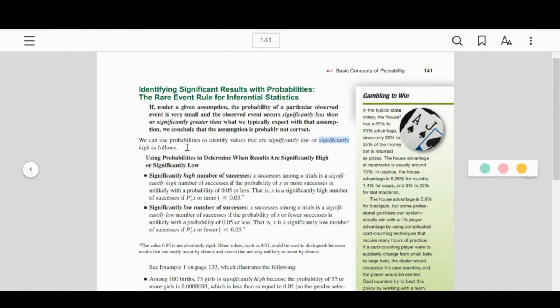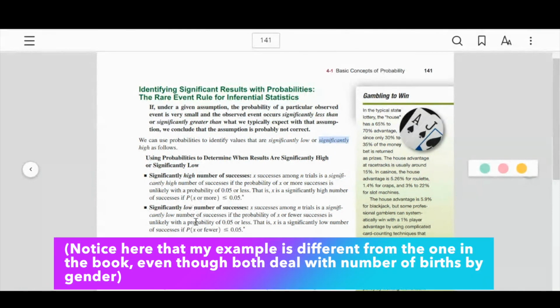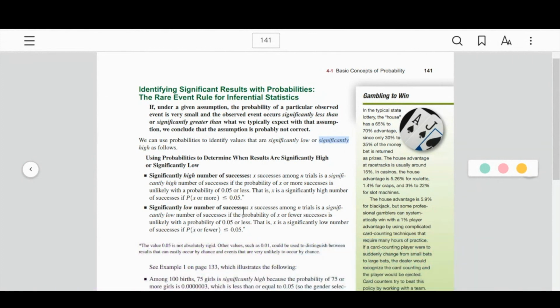And they say, there weren't 10 boys. There were 5 boys and 5 girls. And I say, five girls? The probability of having 5 or more girls would be very unlikely if I think all the babies are going to be boys. Here you could say significantly low. I was expecting 10 boys, so what's the probability you get 5 or fewer? It's going to be very, very low.